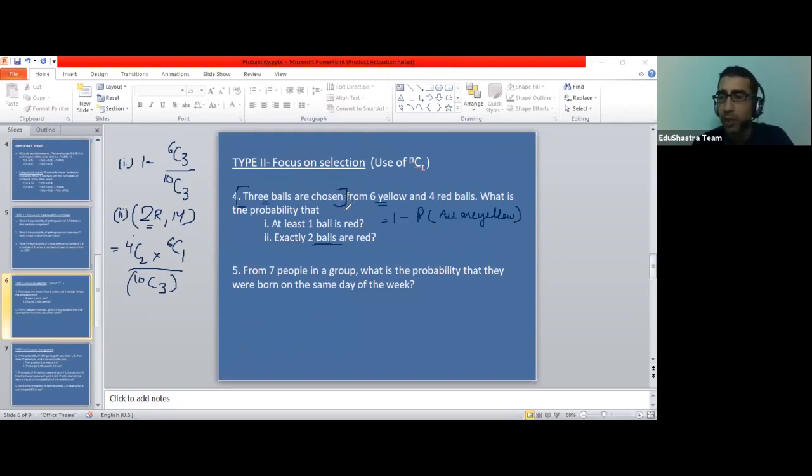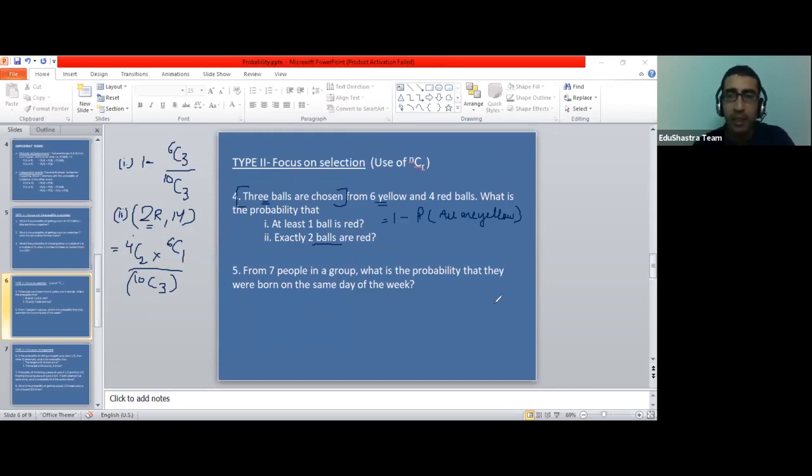It's not as if they are being drawn one after the other. Otherwise the question would need to clarify whether they are being drawn one after the other, with replacement, without replacement, and so on. So your answer seems to suggest that balls are being drawn without replacement, but that is not a sense I get from the question. It's not mentioned anywhere. It has to be mentioned.